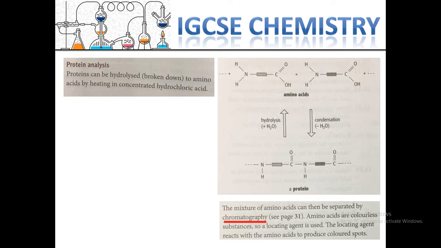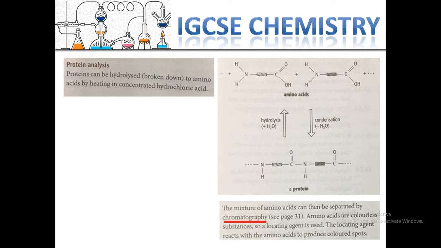So one way that they can be broken down is hydrolysis. Hydrolysis means using water. We have another way, that is thermolysis, if I'm not mistaken. That is using only temperature, high temperature. But hydrolysis is using water, sometimes at high temperature.